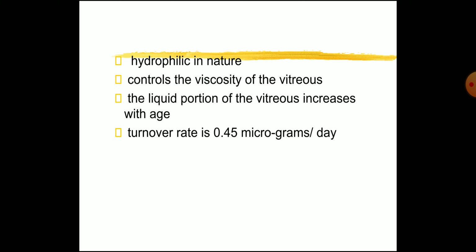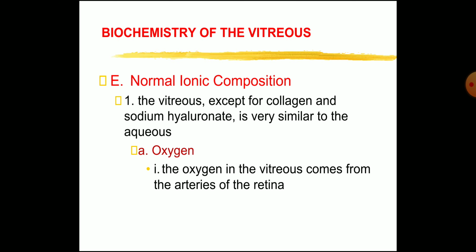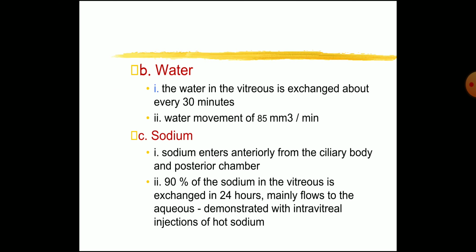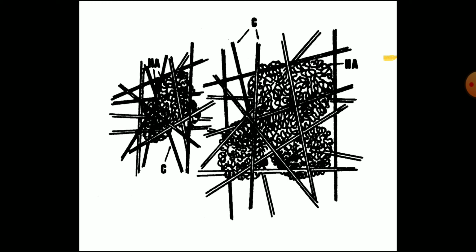The liquid portion of the vitreous usually increases with age, and it has a turnover rate of 0.45 micrograms per day. So this is the structure.